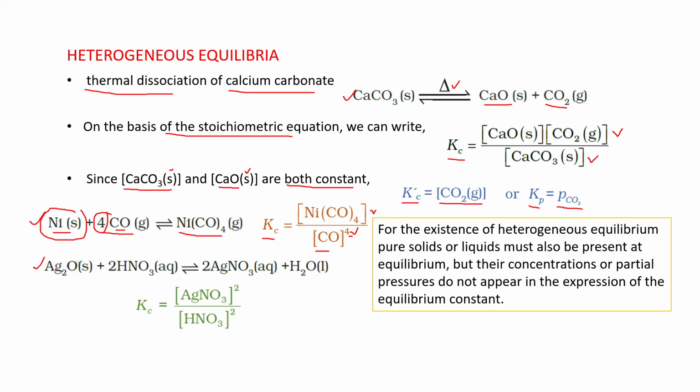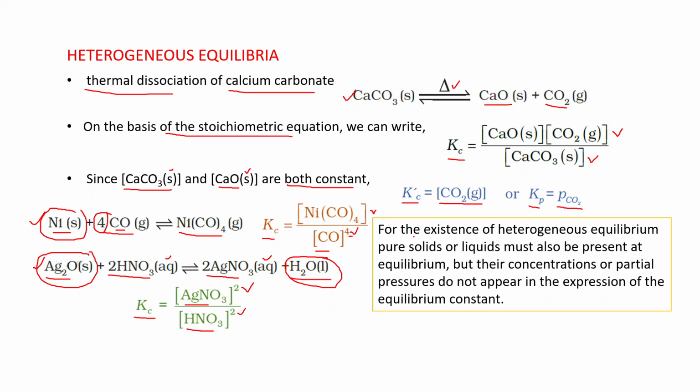This is one more example: Ag2O solid plus 2HNO3 aqueous converting into 2AgNO3 aqueous plus H2O liquid. Now again, Ag2O is solid and water is liquid, so we will not include the concentration of these two substances in the equilibrium constant expression. So Kc is equal to the concentration of AgNO3 to the power 2 divided by the concentration of HNO3 to the power 2.